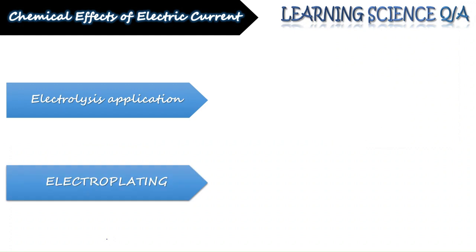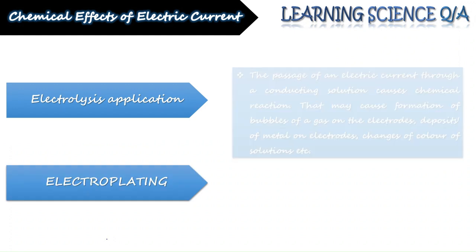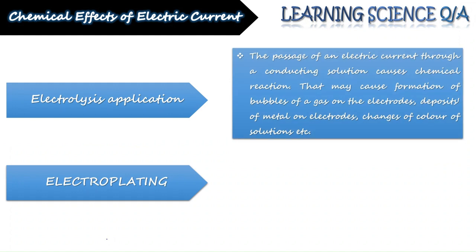Students, we have already studied a bit about electrolysis and how it is done. We have studied that the passage of electric current through a conducting solution causes a chemical reaction, and this can be seen in the formation of gas bubbles appearing over the electrode.